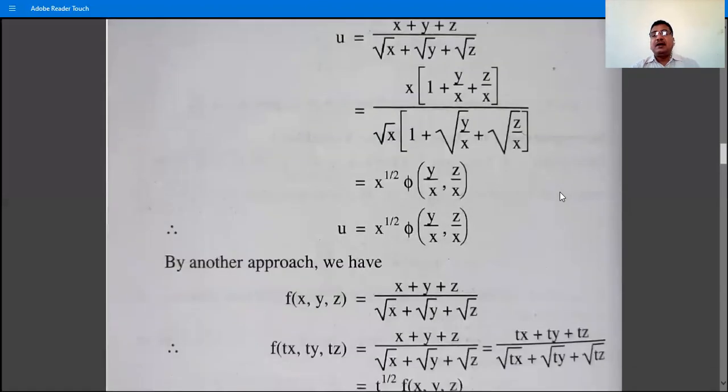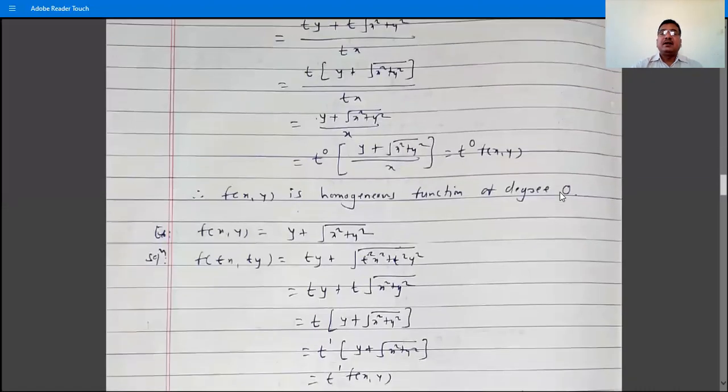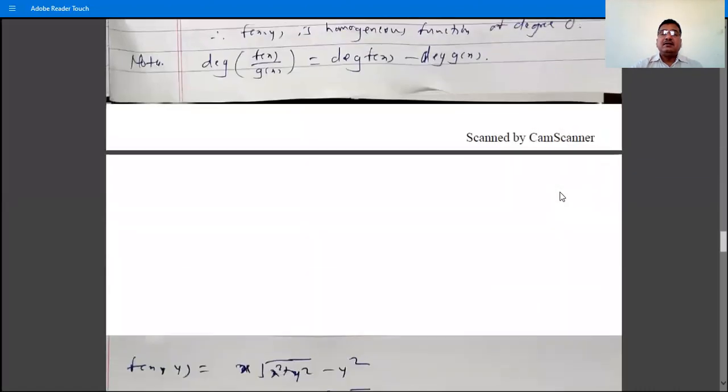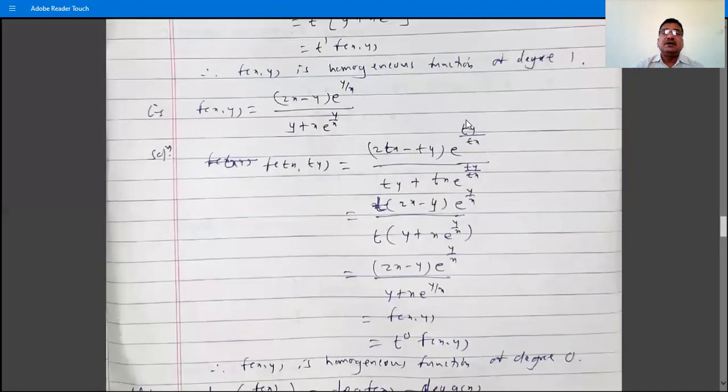There is a formula that if the degree of numerator is m and the degree of denominator is n, then the degree of f(x) by g(x) is the degree of f(x) minus the degree of g(x). Like the logarithmic function, log of a by b is log a minus log b, like that.